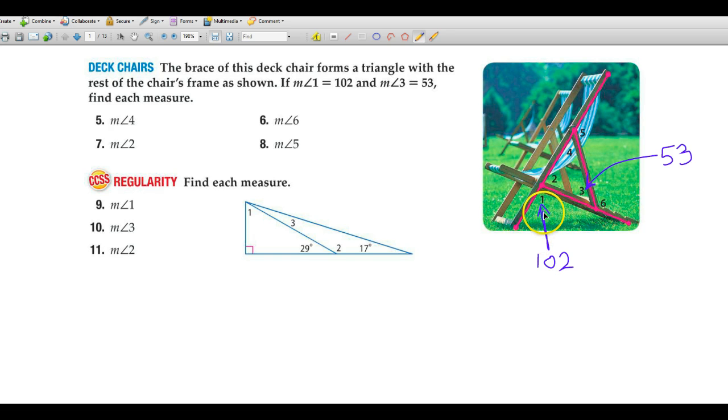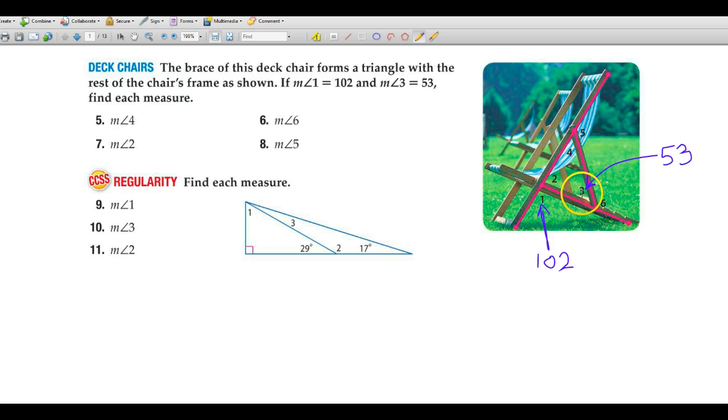So we would have to apply the exterior angle theorem. Since we have angle 1, that's the exterior angle. That angle will be equal to the sum of the two remote interior angles. So 4 and 3 are the remote interior angles, since 2 is the adjacent interior angle.